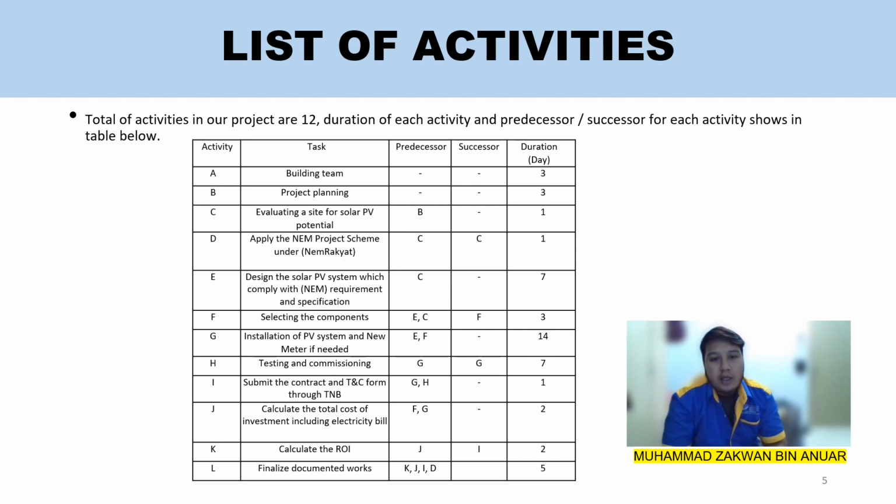The duration of activity G is 14 days, and the second highest is activity H, which is testing and commissioning, and it takes 7 days.